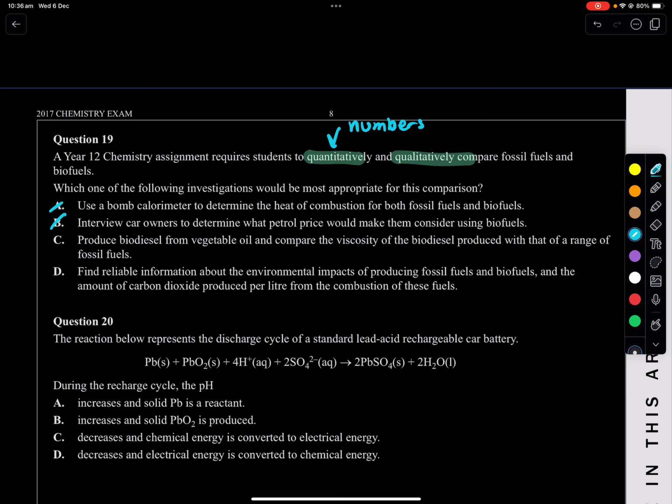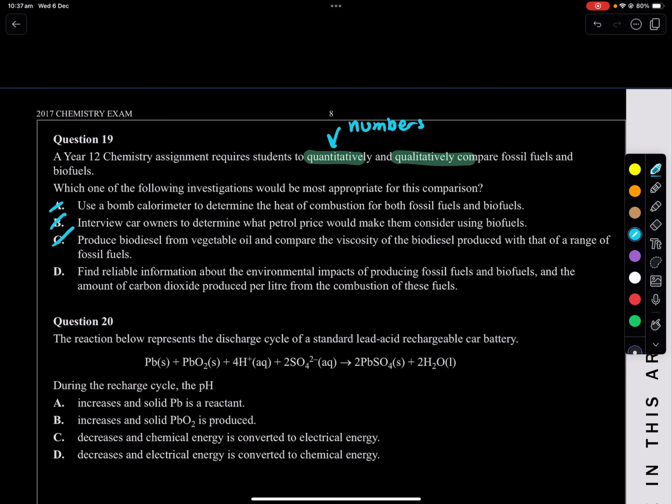C: produce biodiesel from vegetable oil and compare the viscosity of the biodiesel produced with that of a range of fossil fuels. Okay, so this is a comparison, but we're not doing any calculations. So it is qualitative, but not quantitative. So C is wrong. D: find reliable information about the environmental impacts of producing fossil fuels and biofuels, and the amount of carbon dioxide produced per liter.